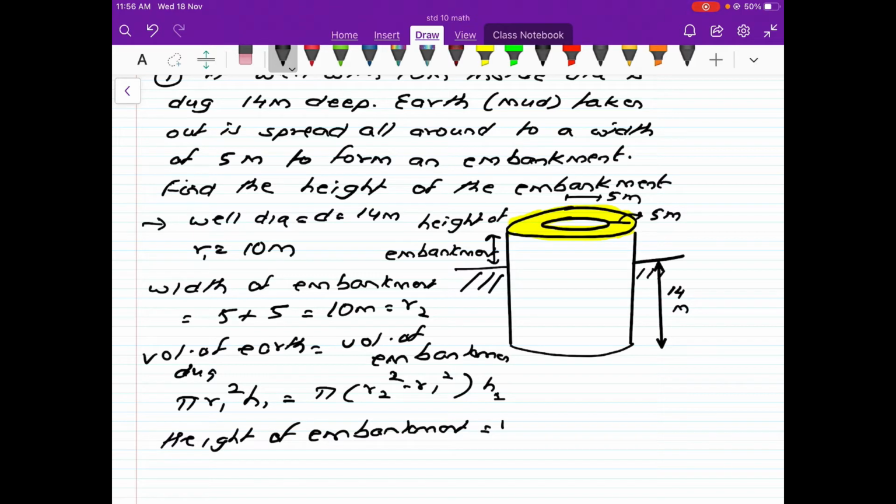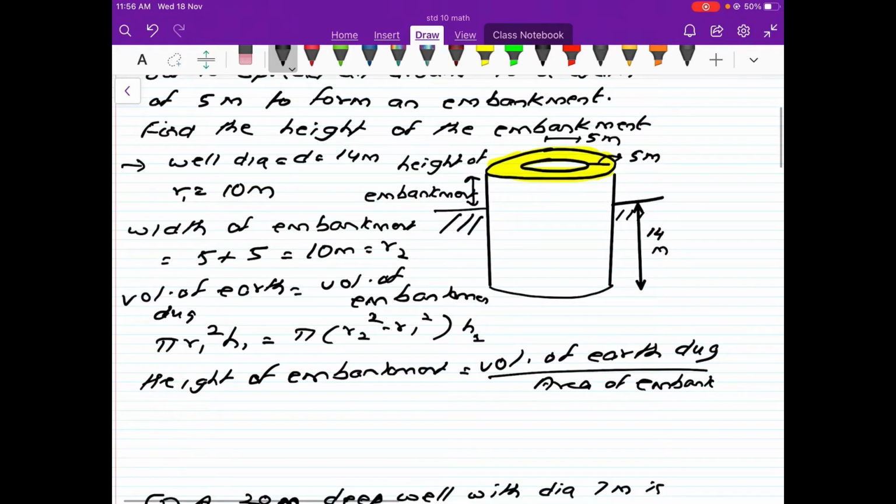Now if we want the height of the embankment, it will be the volume of the earth dug out upon the area of the embankment, because if you multiply the area by the height, remember you get the volume.